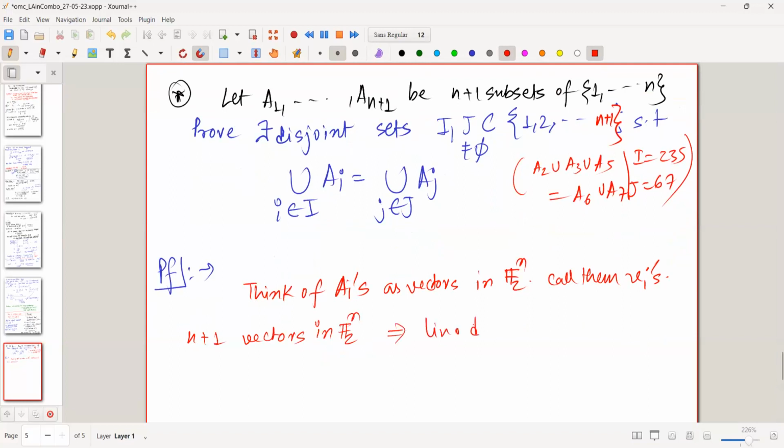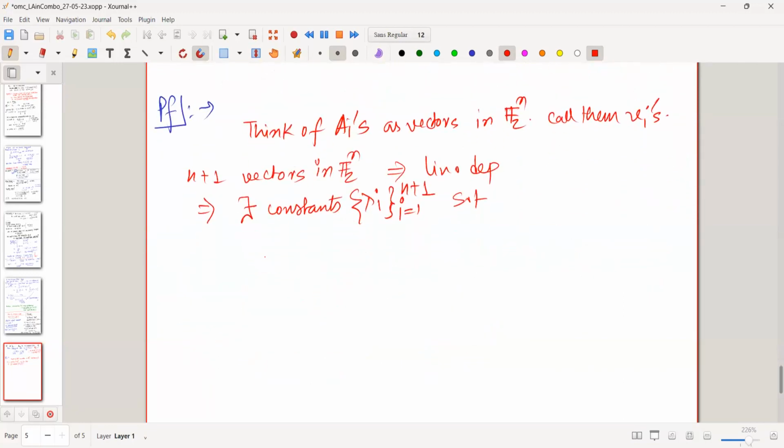So they are obviously linearly dependent. So this means that there exist constants lambda I, i equals 1 to n plus 1, such that the summation of lambda I times vi, this is not a dot product, for i equals 1 to n plus 1 is equal to 0.